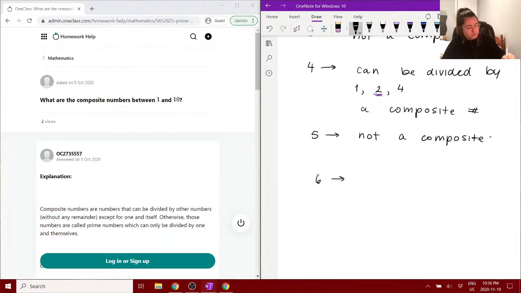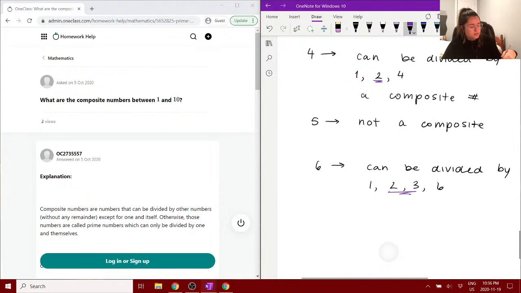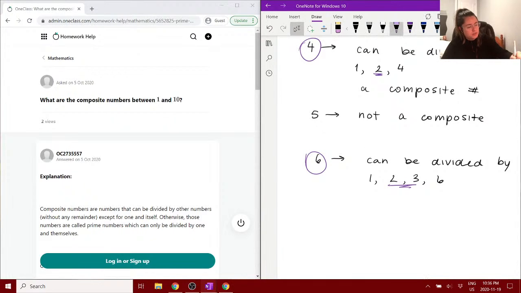6. Well, 6 can be divided by 1, 2, 3, and 6. 3 and 6 being other than what would make it a prime factor, circling the composite numbers.